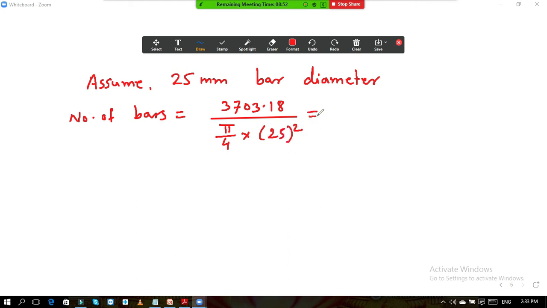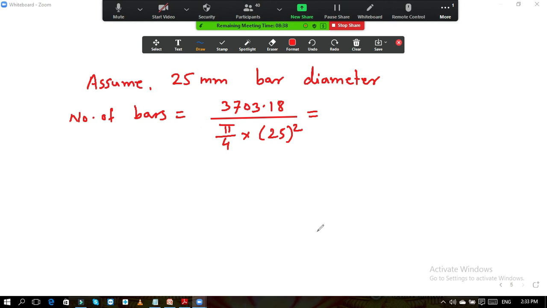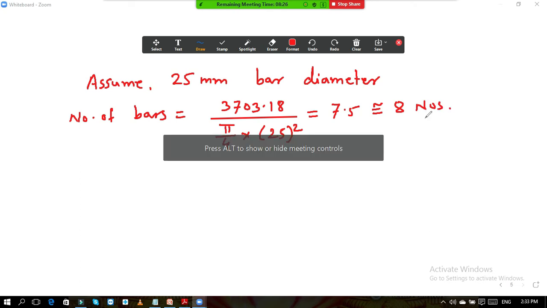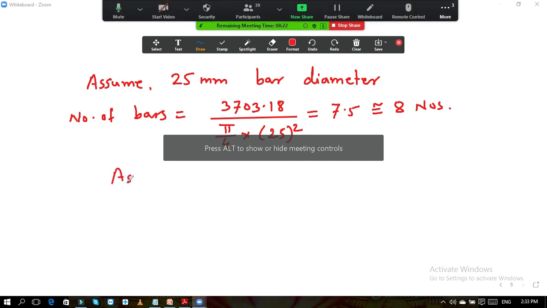Let me know the answer. 7.5. So the answer is 7.5, and we will round up this value to 8 numbers. Now calculate ASC provided. What ASC have we provided?